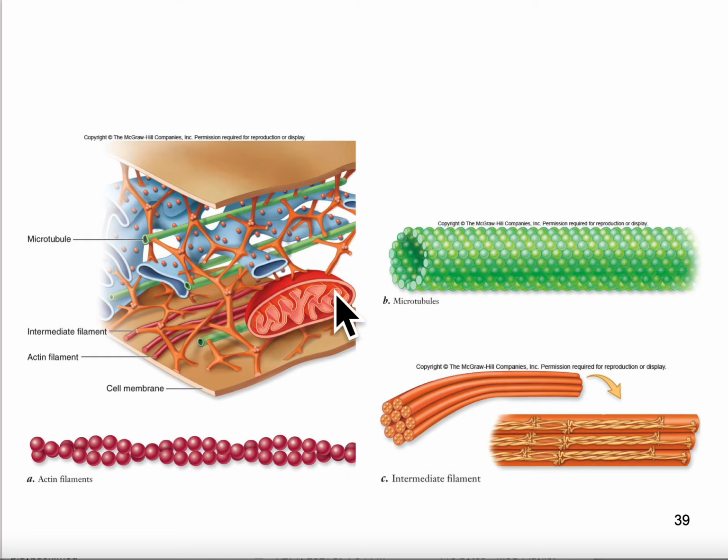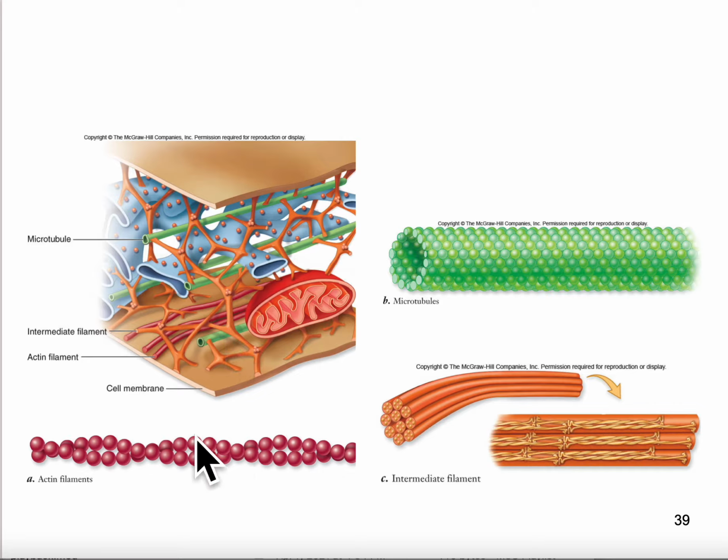Okay, here's a mitochondrion, cross section of this, and these fibers, when you say fiber, it means it's rope shape. So anything that's fibrous means it's long and skinny shape. There are 3 of them.